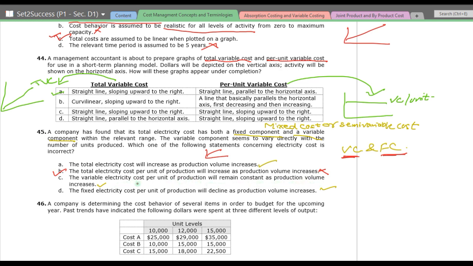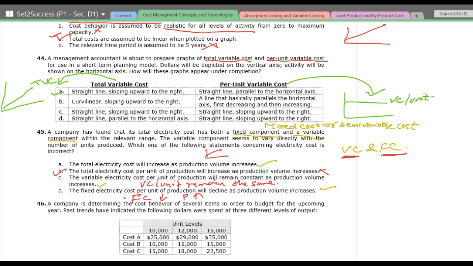Under the relevant range, variable cost per unit remains the same, or constant. The fixed electricity cost per unit of production will decline as the production level increases. Fixed cost per unit will decline if production increases. Yes, but the total electricity cost per unit of production will increase as the production level increases.